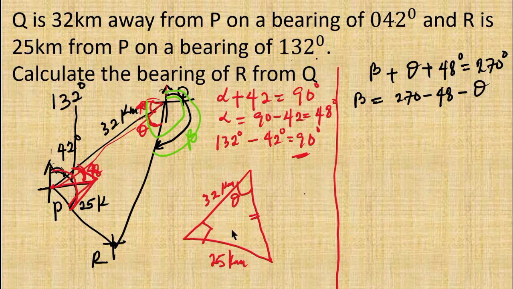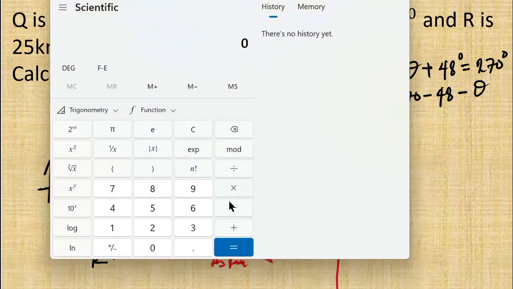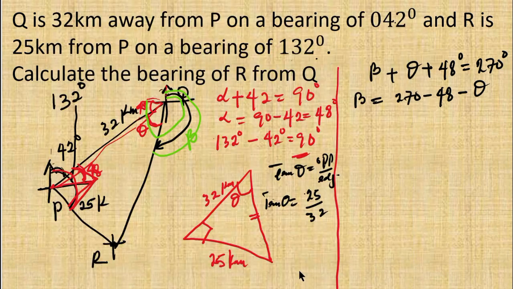Now, since this is a right angle triangle, we can use SOHCAHTOA, so that tan theta is equal to opposite over adjacent. Then tan theta will be 25 over 32. Let's use our calculator. That's 25 divided by 32, which equals 0.78125.